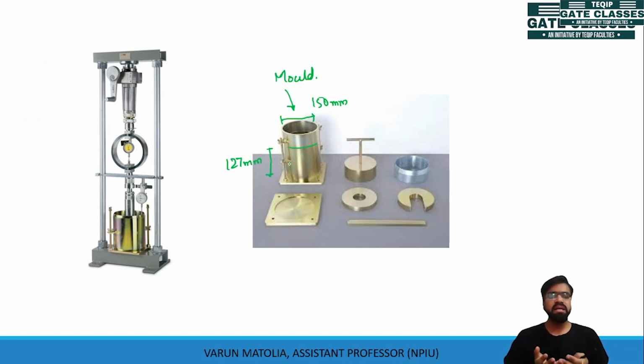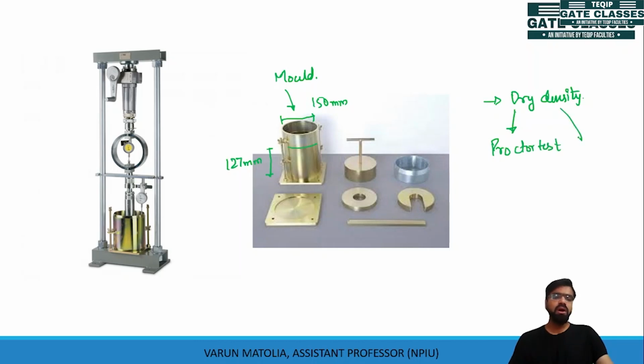If you want to test it at dry density level, because at site you compact your soil to the level of dry density. You know what dry density is? It is the maximum possible density of soil. And to calculate this dry density, we perform either the Proctor test or the modified Proctor test.